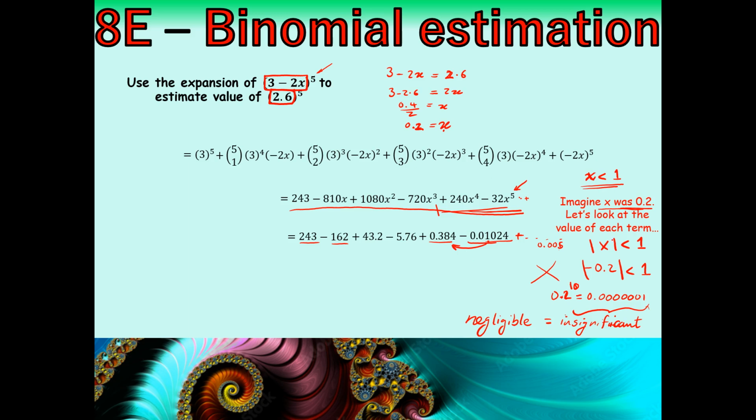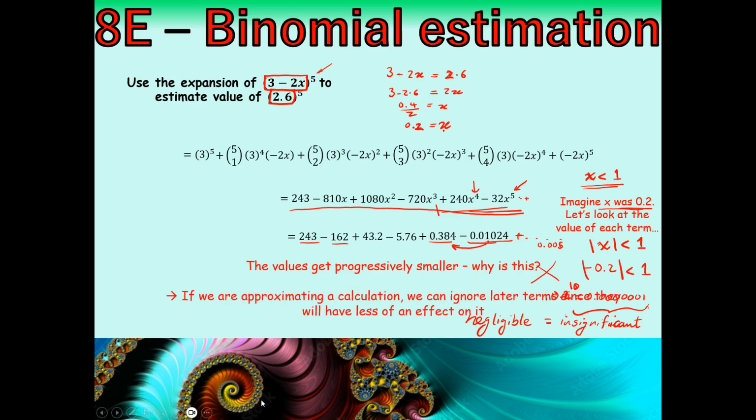Don't expect this estimation to work if you have x bigger than 1. It's just going to explode. Can you imagine? Even if you put 1.1 and raise it to the power of 4, it's going to get larger and larger. But we want it to get smaller and smaller, so the terms are progressively getting smaller. Why is this? Because we're raising them to a higher power.